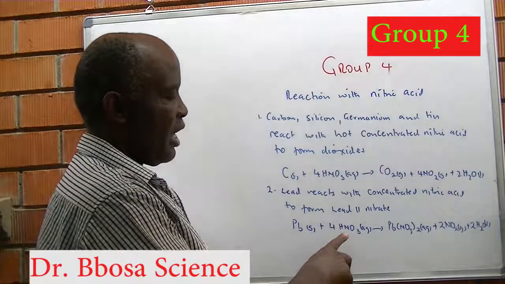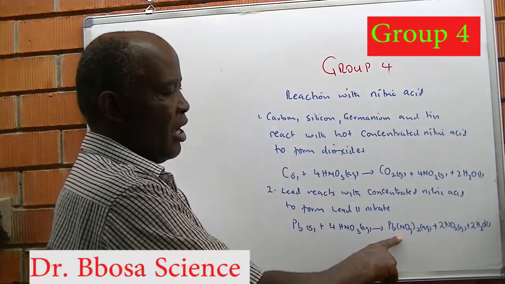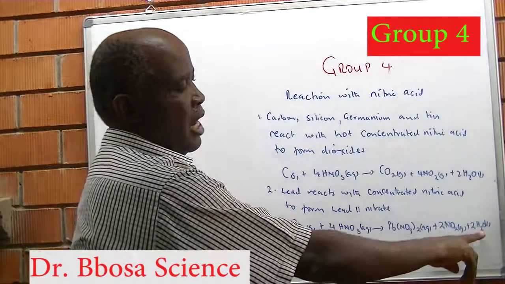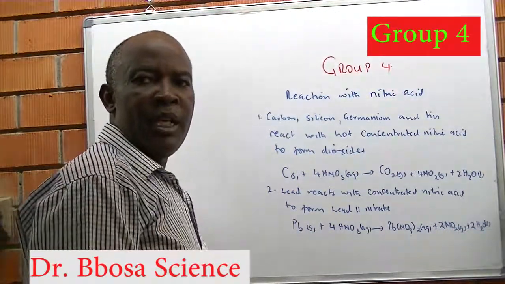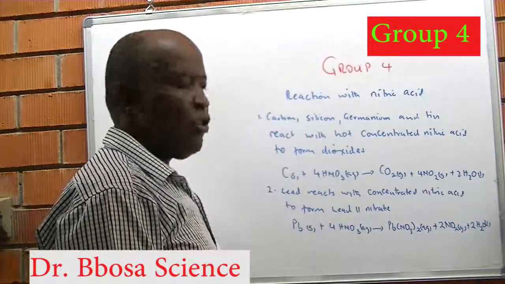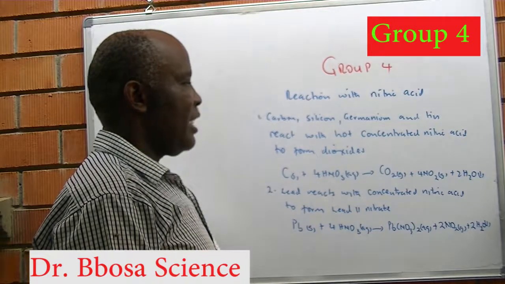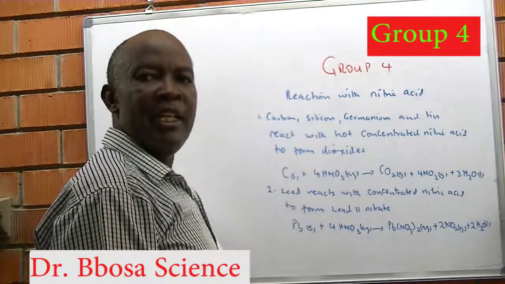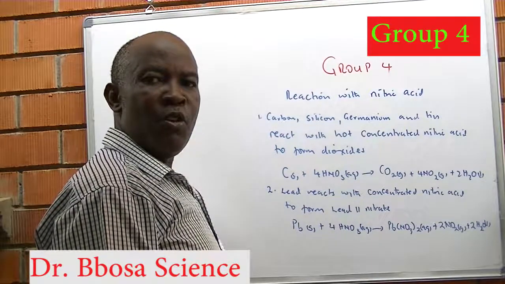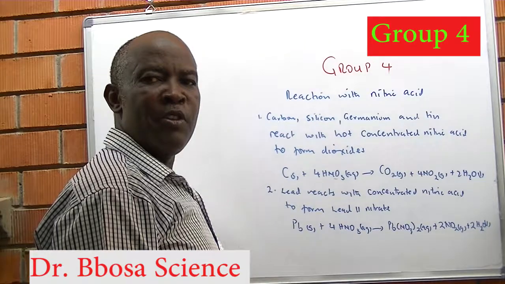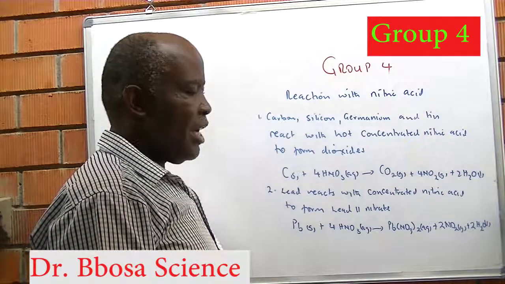Lead plus nitric acid will give lead(II) nitrate plus nitrogen dioxide and water. Nitrogen dioxide is a brown fume, so you can say that carbon, silicon, germanium, tin and lead react with concentrated nitric acid to form brown fumes of nitrogen dioxide.